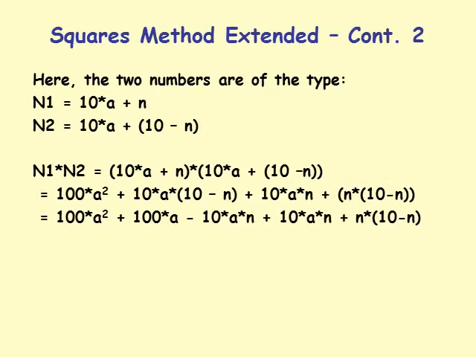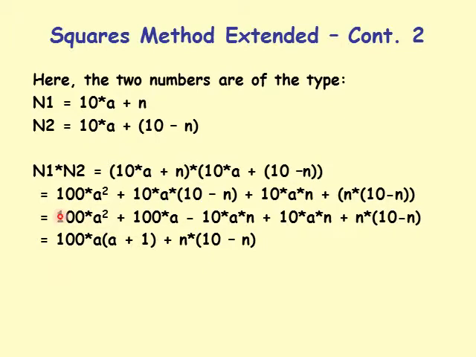Okay. Let's continue. So we have 100a squared, plus this term which gives me 100a, and 10a times minus n gives me minus 10an. We had a plus 10an and this minus 10an, and the last term was n times 10 minus n. These two cancel out, and from here I can extract 100a as a factor.